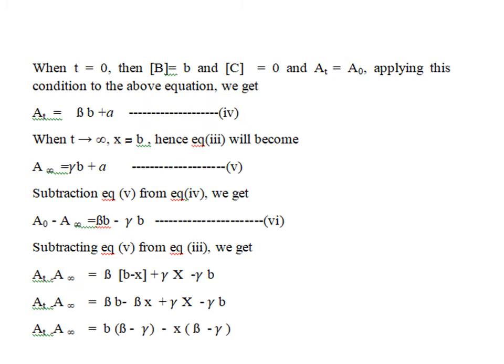Now dear students, subtracting equation 5 from equation 4, we get A0 minus A infinity is equal to beta B minus gamma B. Now in equation number 4, A0, not AT but A0, is equal to beta B plus alpha.